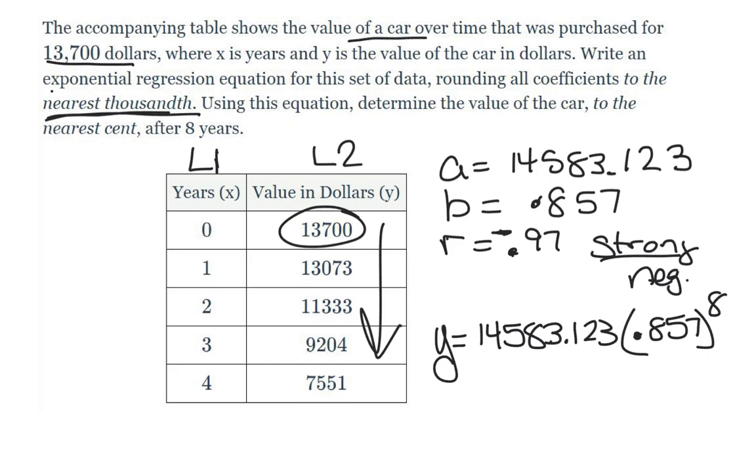So we're going to have 14,583.123 times 0.857 to the 8th. So the value in 8 years would be $4,243.20, rounded to 24 cents.